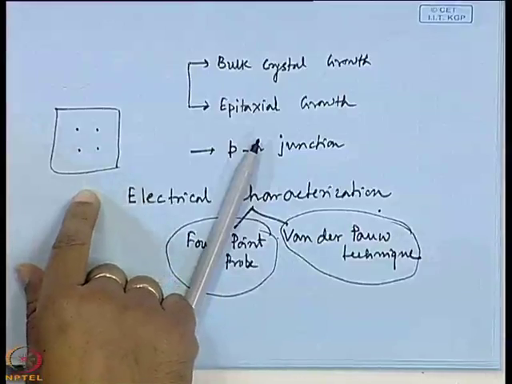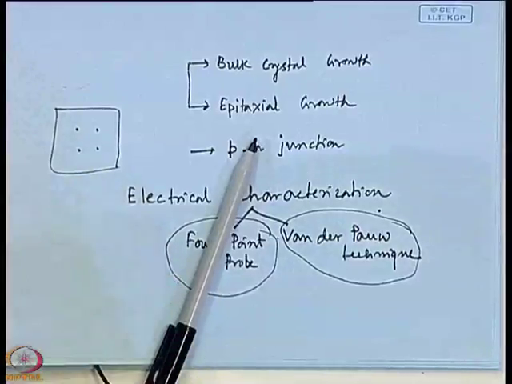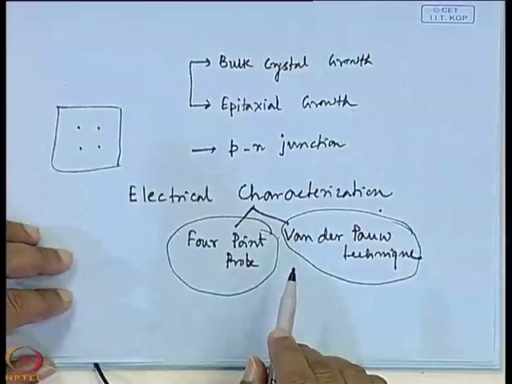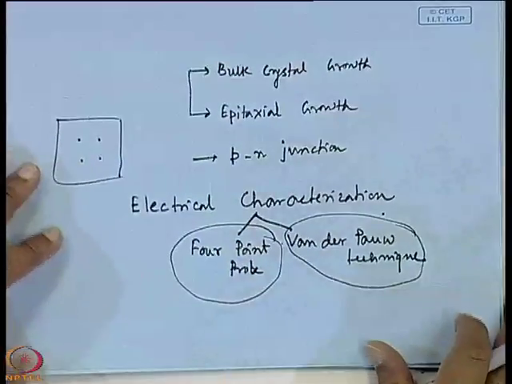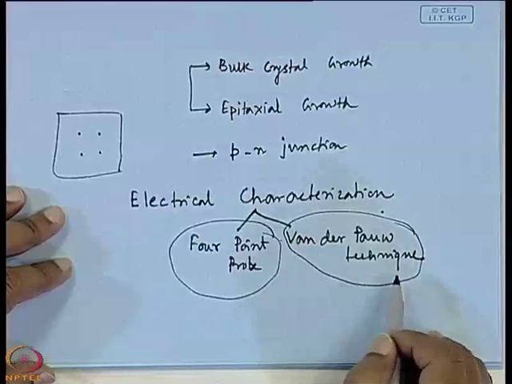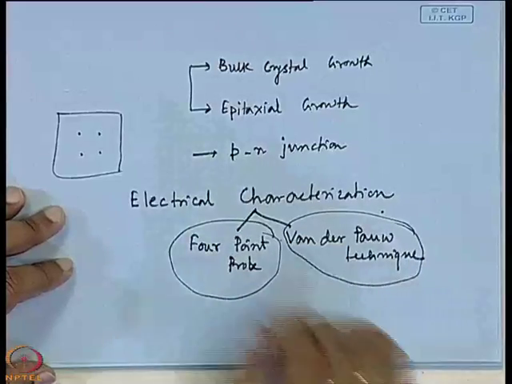If you want to characterize this material, first make 4 gold dots like this. Then you connect copper wires etc., and use the formula for measurement of the resistivity using the Van der Pauw technique. So, ohmic contact is required.